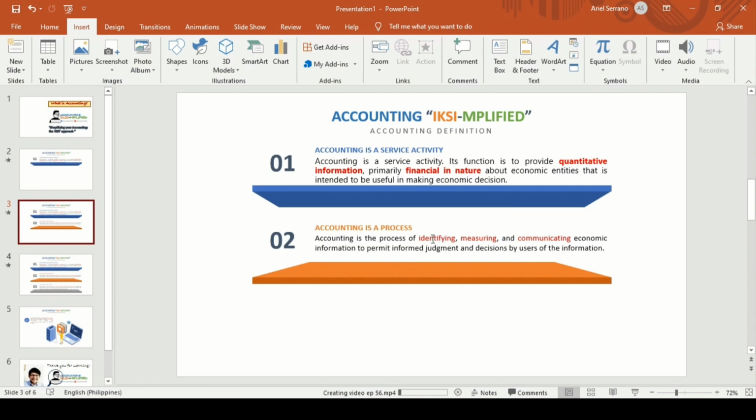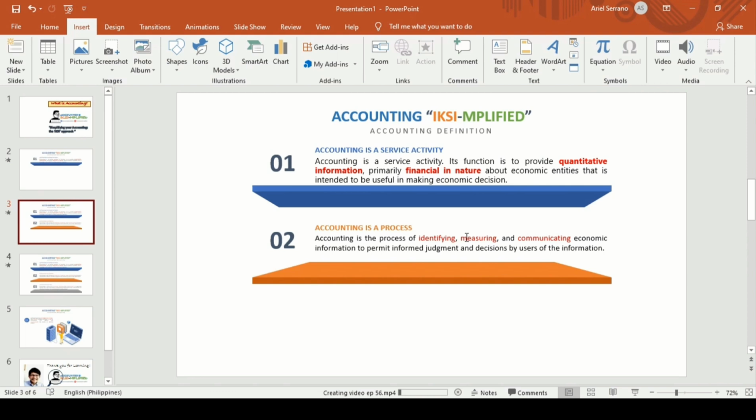Now, when there is money involved, when there is quantitative information, we have to measure this in terms of money. Since we are here in the Philippines, the basic unit of measure is the Philippine peso. If you are reporting in China, you will be using your local currency. If you are in the US, you will be recording it using your US dollar, or elsewhere in the world.